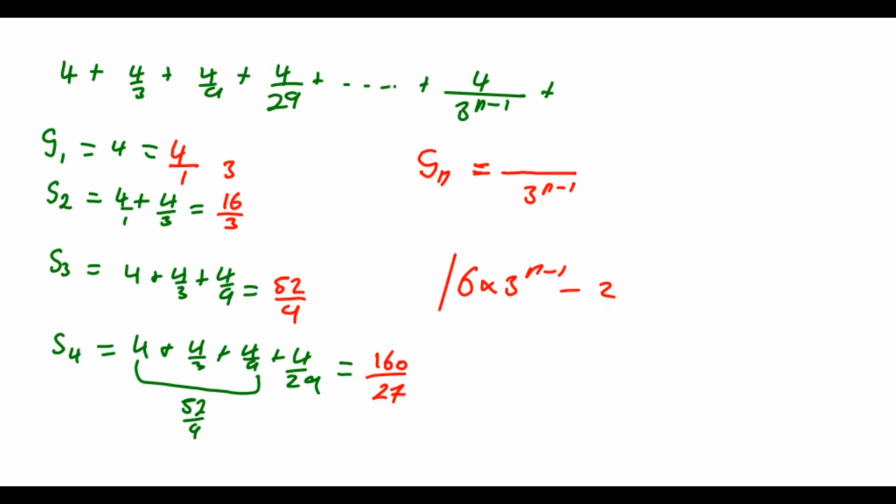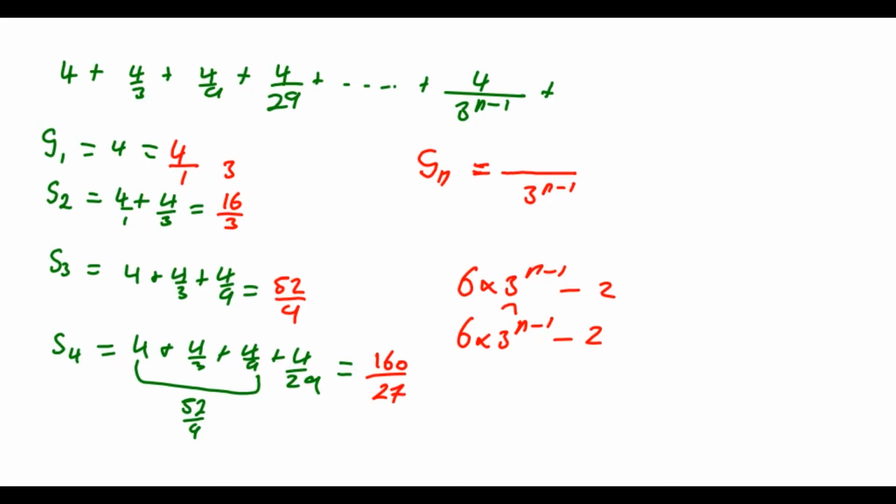This might work out. Let me try it out. So if you say 6 multiplied by 3 to the power n minus 1, minus 2, let me see if this can work out. If you plug in 1 here, this will be 0, so that's going to be 4. If you plug in 2, that would be a 1.